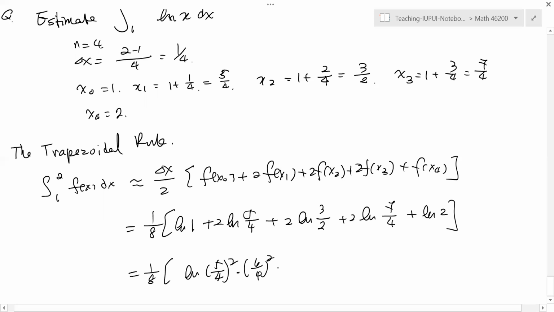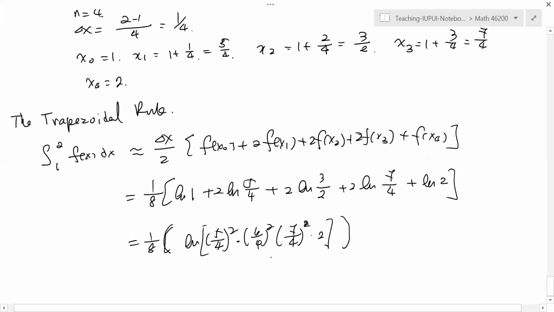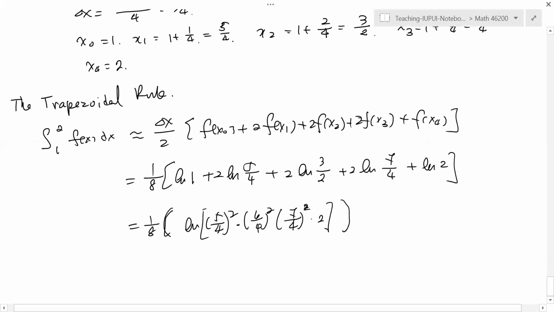And then plus 7 over 4 squared, and then plus 2, and multiply by 2. Yeah, this is one number. You'll be surprised. So this is a good approximation. Then you can even simplify this to a bigger number.